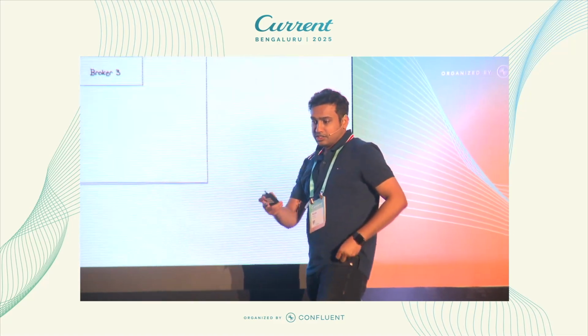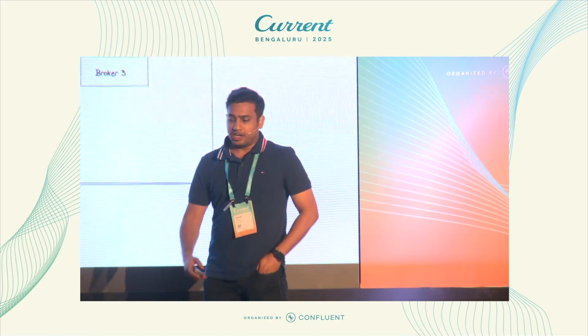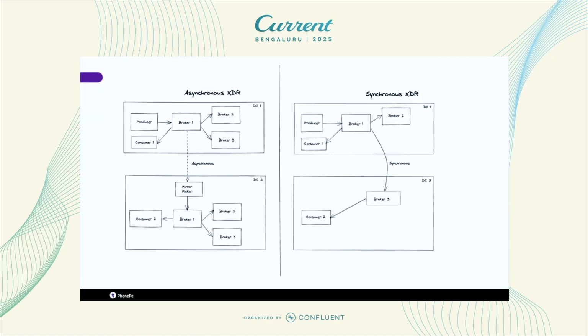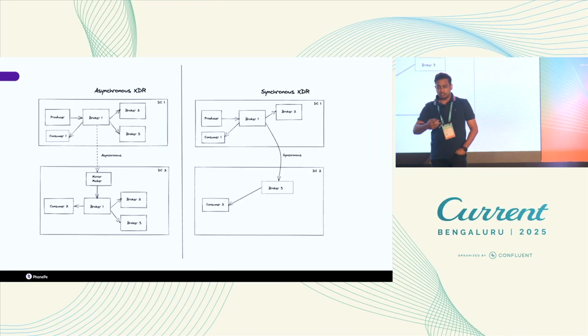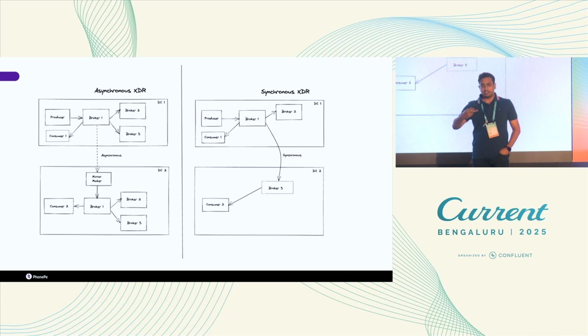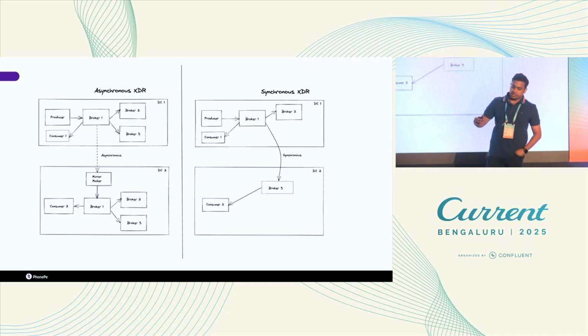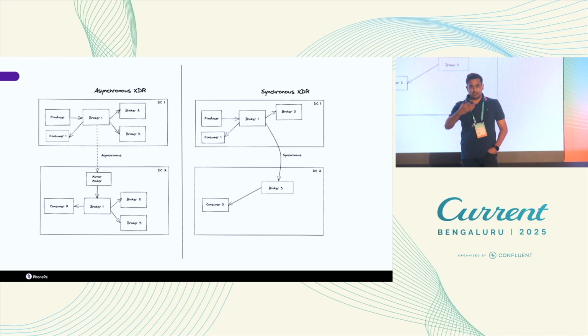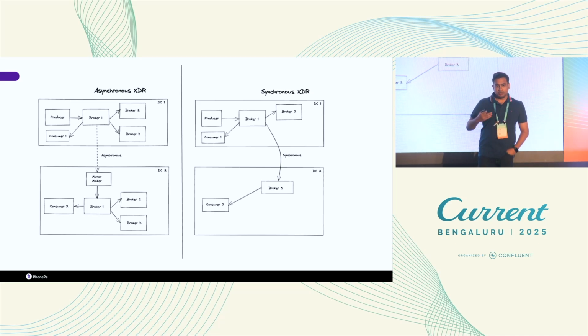So this is asynchronous XDR, and on the right hand side is synchronous XDR. In asynchronous replication, one Kafka cluster resides in one data center, and then MirrorMaker takes care of replicating the logs asynchronously from data center 1 to the Kafka cluster in data center 2. Everything is happening asynchronously, and MirrorMaker is responsible for replicating across the Kafka clusters.